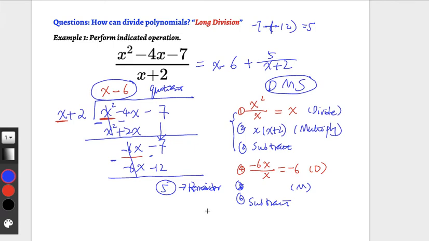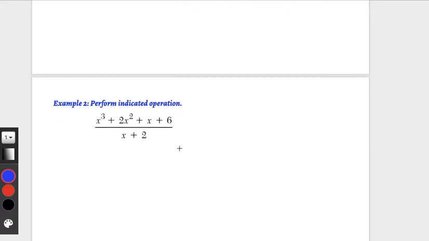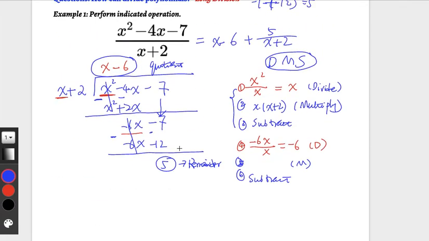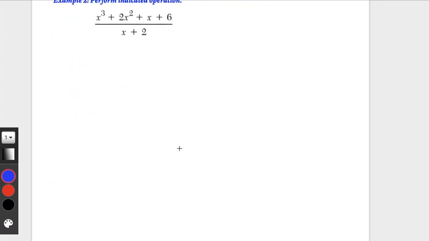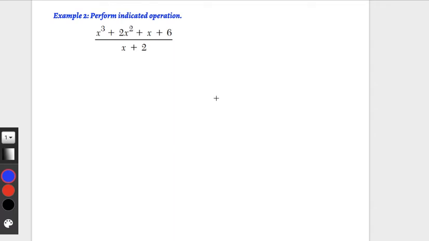So some of you, I believe right now you're still very confused, like it really doesn't make any sense. Some steps are still confusing. So I'm going to show you another example, very similar to this one, but this time we are going to deal with a little bit more terms here. We are going to use the same way, long division.